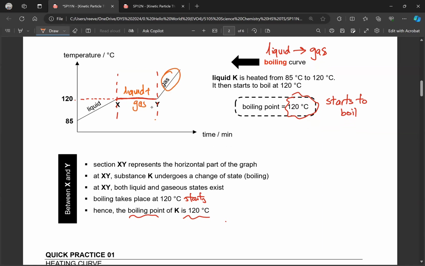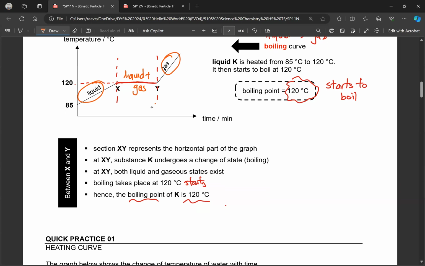After you finish boiling, it's gas. Before you start boiling, it's liquid. So it makes sense. Before you reach 120, it's liquid, haven't boiled. When you reach 120, it will boil. After boiling finishes, the temperature becomes higher. It is now all gas already.